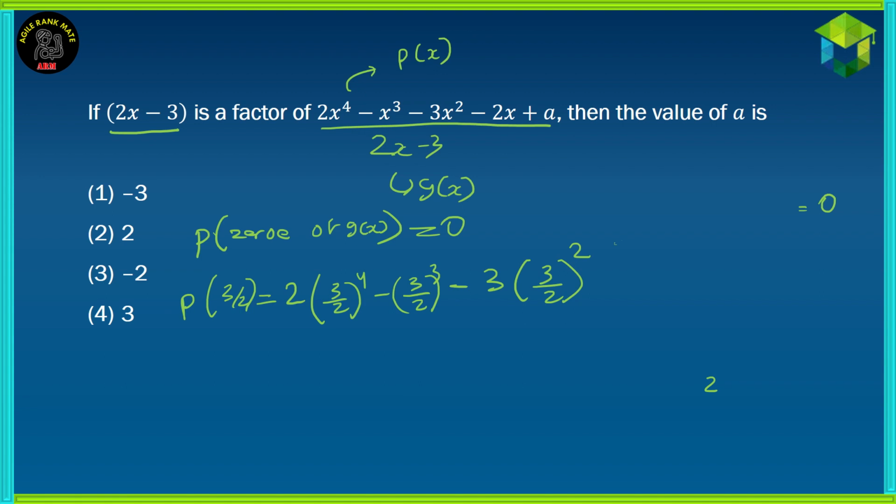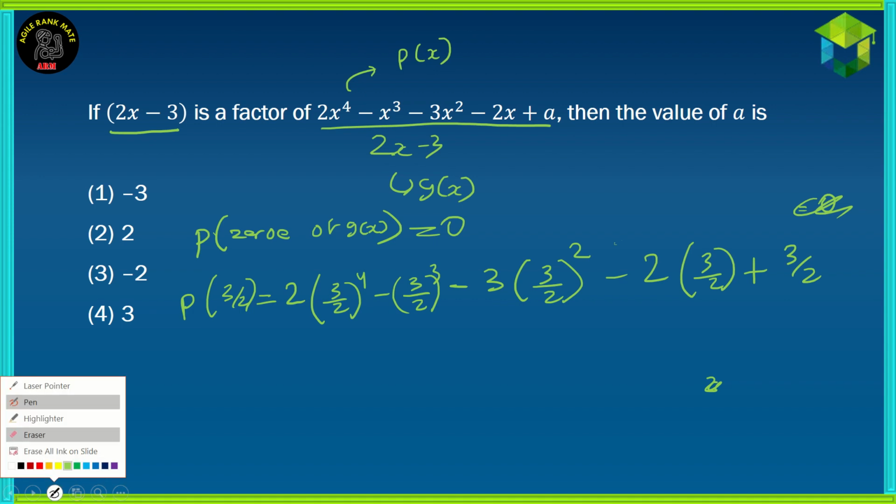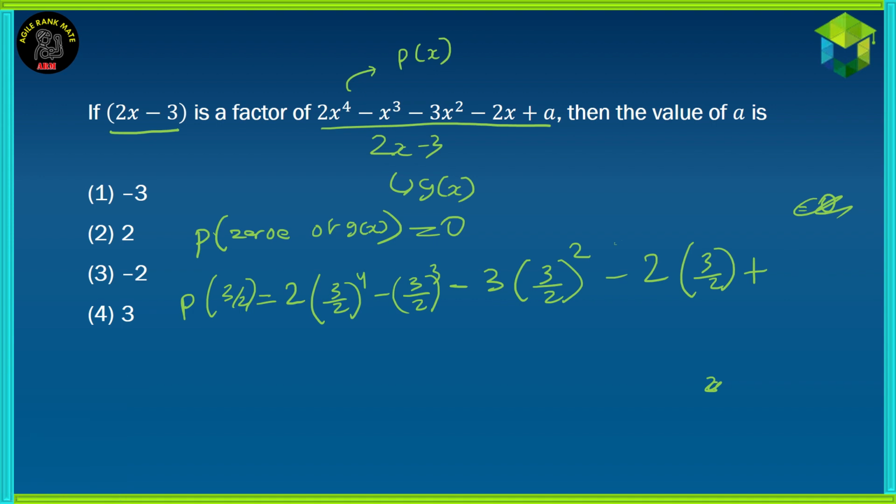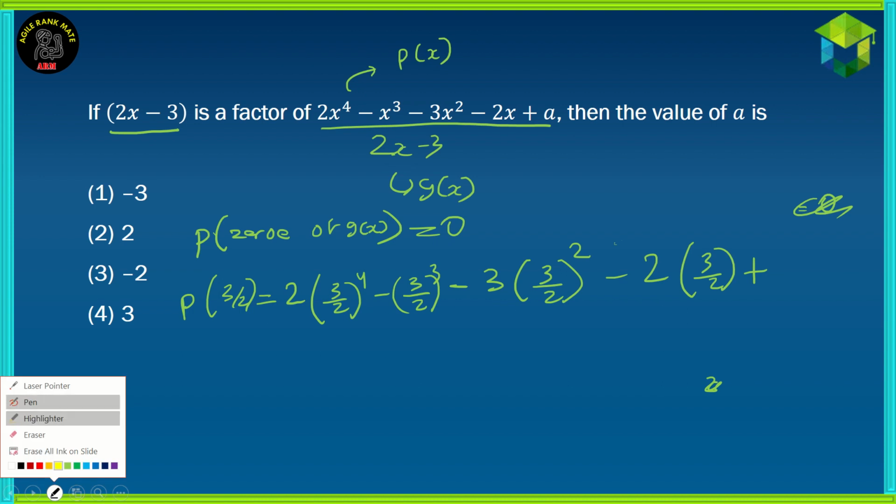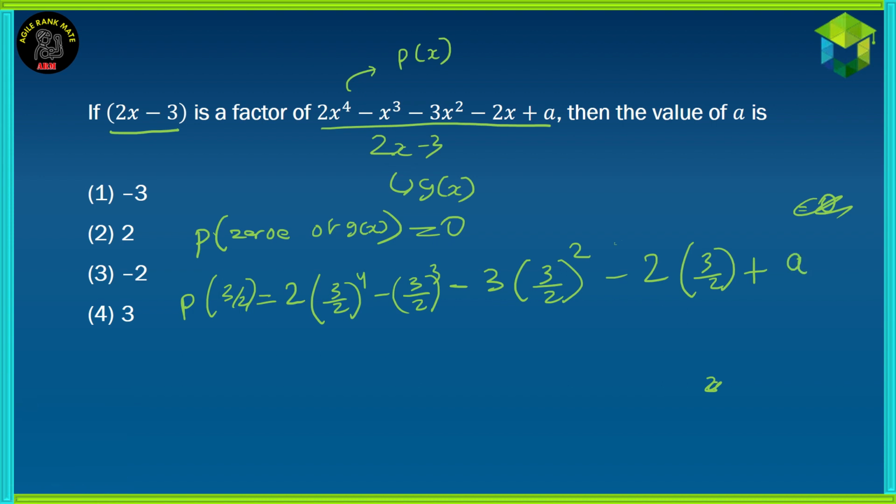Then we're just replacing the x with 3 by 2, and minus 2 into 3 by 2 plus... sorry, not plus 3 by 2. That's a, not x. So plus a.